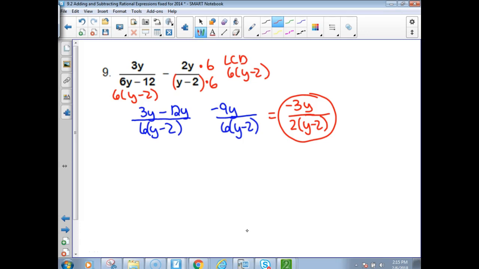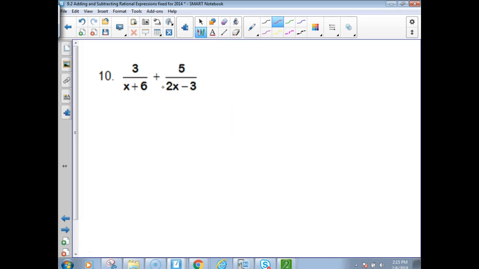Okay, so I always call them married. Don't try to separate them. You can only cancel products, things that are multiplied, whole terms. So with that in mind, you can't factor anything on the denominators of number 10. So what I do is I multiply the first fraction by the second denominator, and I multiply the second fraction by the first denominator.